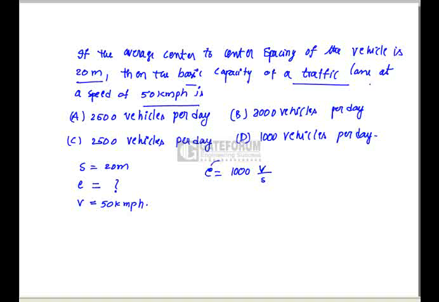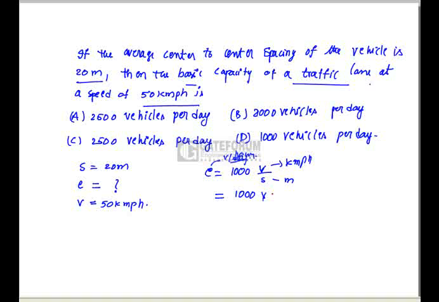This E is in terms of vehicles per hour. This V is in kmph and S is in meters.